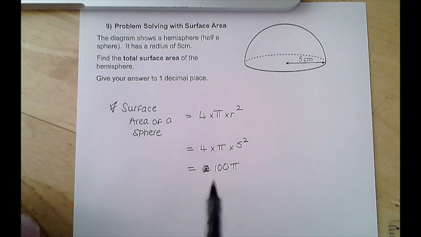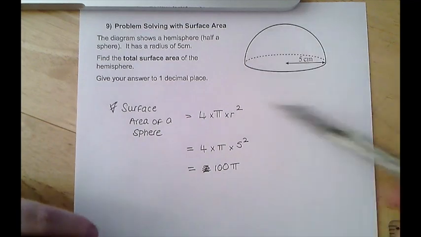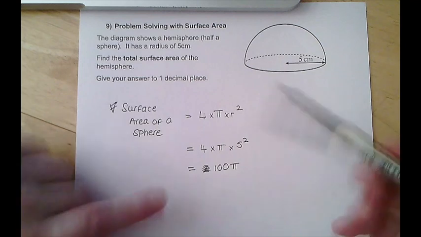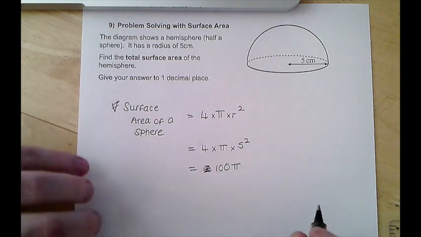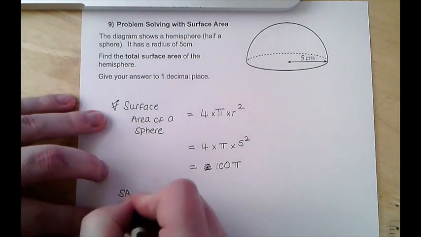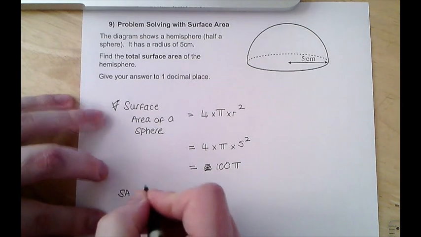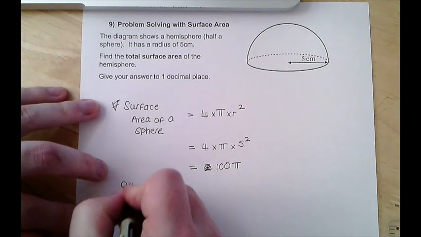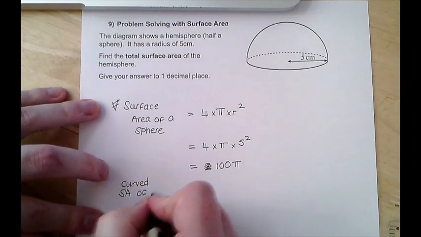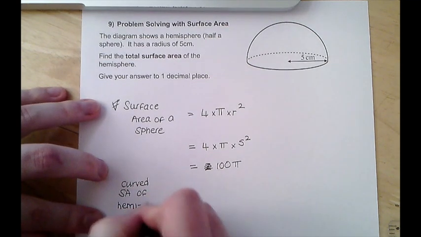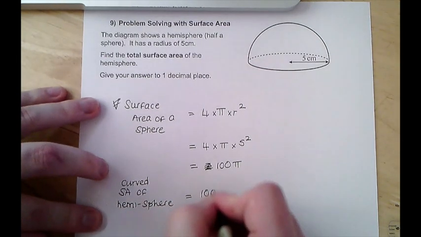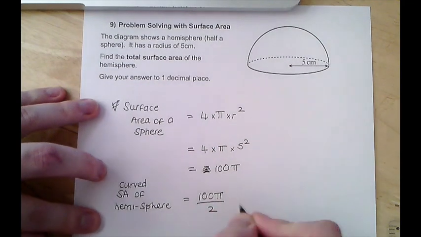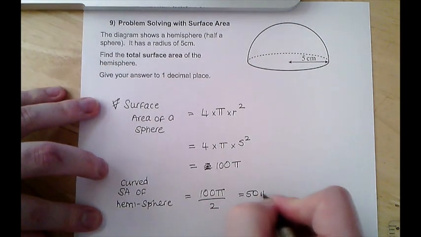Now, what that's actually told me is if that was a full sphere, or a ball shape, that would give us a total surface area of 100 pi. But we haven't got a full sphere, we've got half a sphere. So the curved surface area of a hemisphere is going to be 100 pi divided by 2, which is 50 pi.